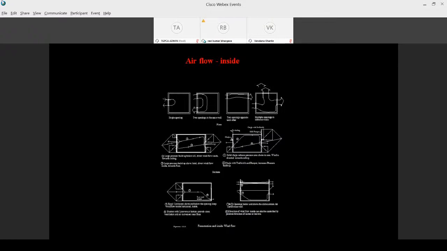Our aim should be to divert the wind towards the lower end. You have both and equal area. Then direction inside will be given, and at the end it gets diverted towards the outside.